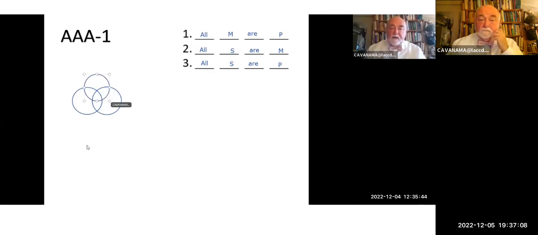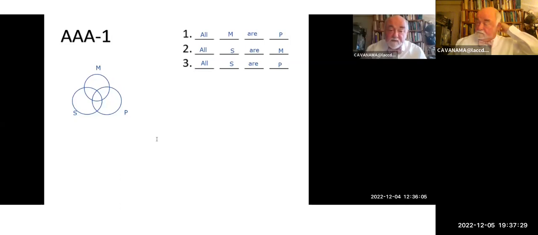There we go. Okay, and we label S, P, M. Okay, and in the Barbara, of course, both premises are universal, so we don't need to choose.